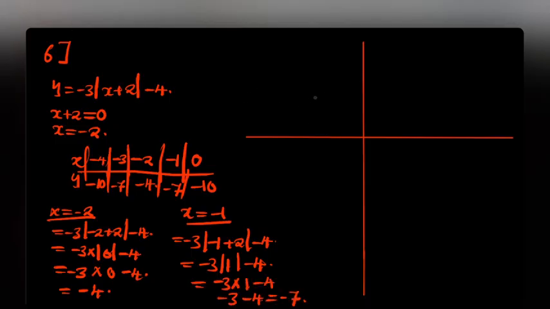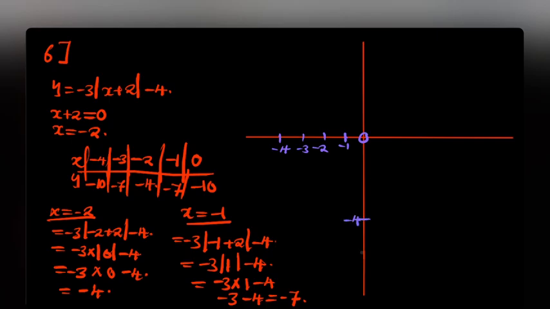So let's now sketch. For the values of x, like I said, this is negative 1, this is negative 2, this is negative 3, then this is negative 4, then this is 0. Then for the y values, we have negative 4, which will be somewhere there.